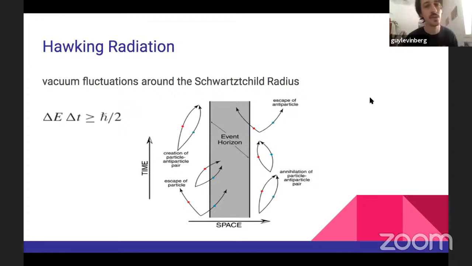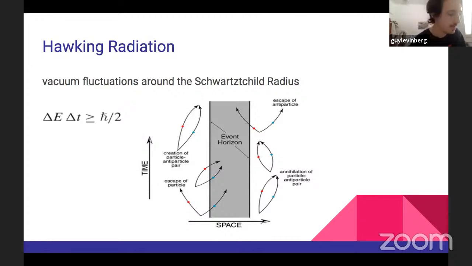So after we discussed this, we can talk about the Hawking radiation. Basically, within the Schwarzschild radius, any light cannot possibly get out, and it's impossible to be observed.